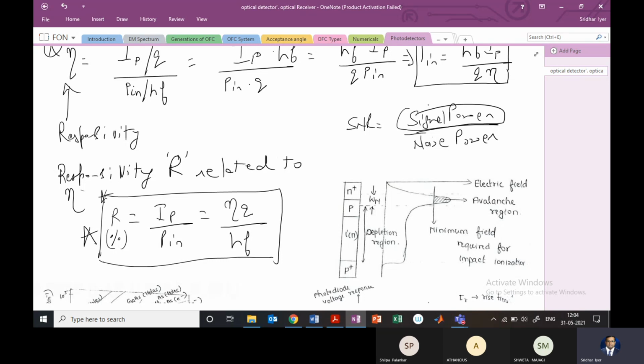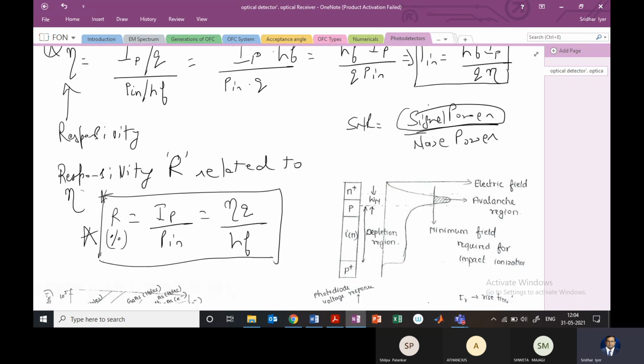And we have seen how these two are related to each other. We have seen that they are not constants. It's not going to be a constant scenario for the responsivity as well as quantum efficiency. It's going to depend on a number of factors, right? More specifically, it is going to depend on the wavelength where we are operating.